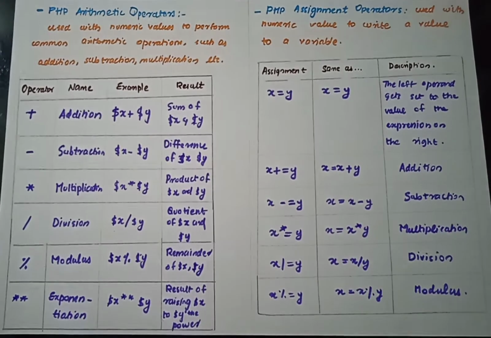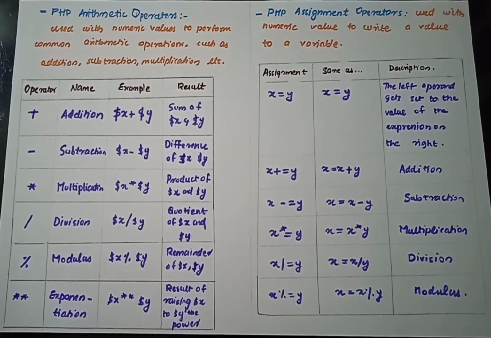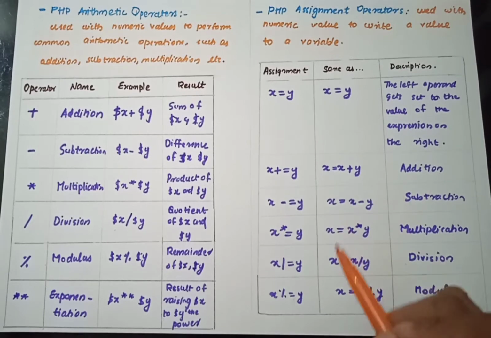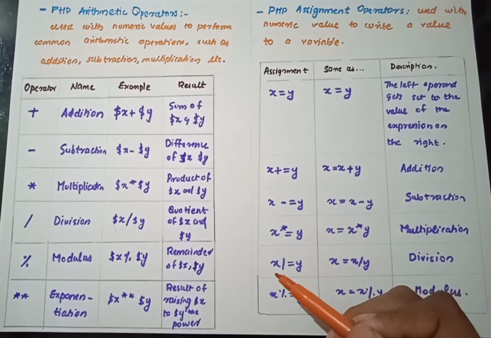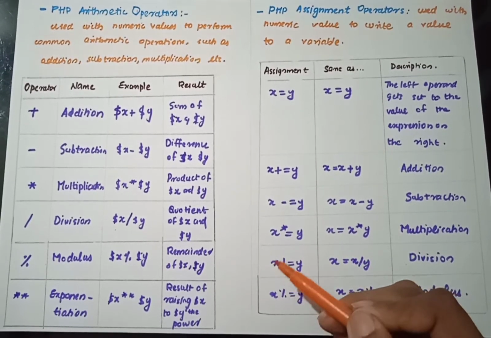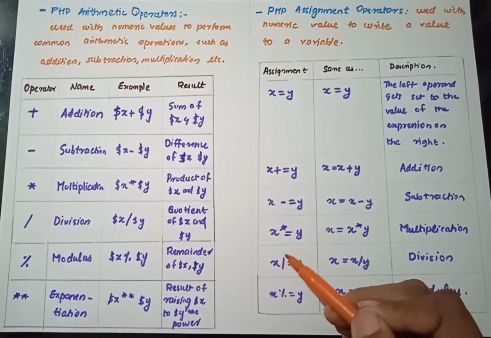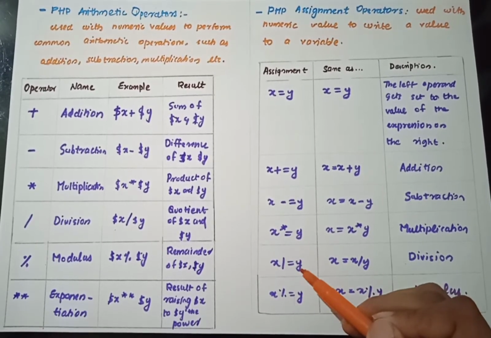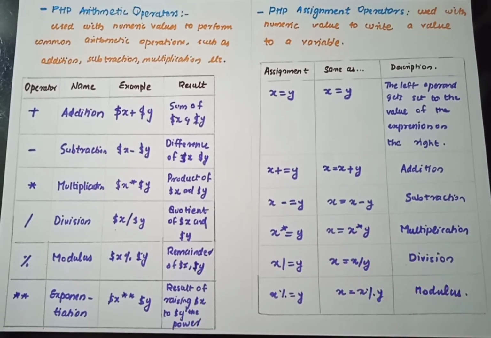Okay, so the next one, assignment using division. That means we'll write an expression like this: x, the division operator, equal to, that is the assignment operator, then the variable. What will actually happen here?